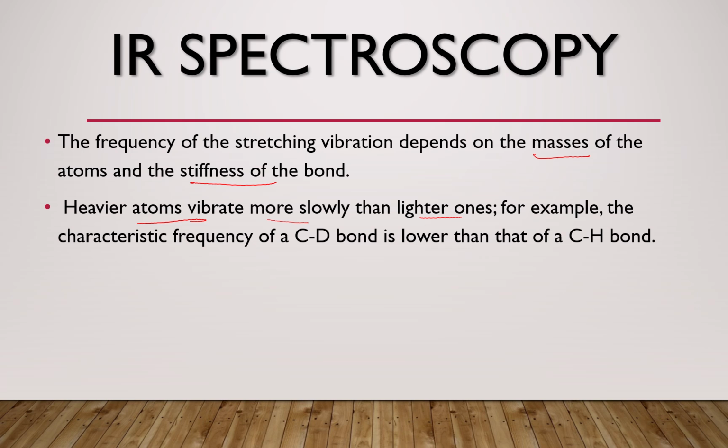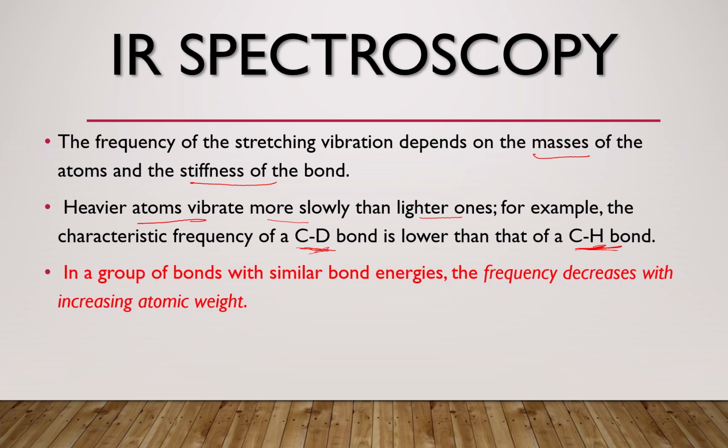So if the atoms are heavy, the vibration will be slower; if the atoms are lighter, the vibration will be faster. If I compare carbon deuterium and carbon hydrogen bonds, deuterium being heavier will vibrate at a lower frequency compared with hydrogen, because the hydrogen atom is lighter than deuterium.